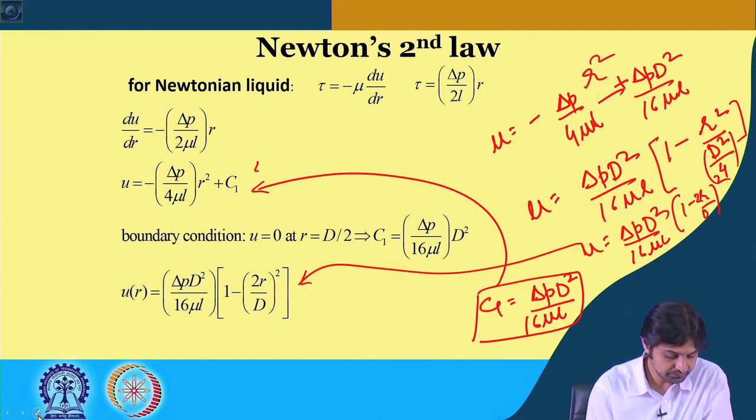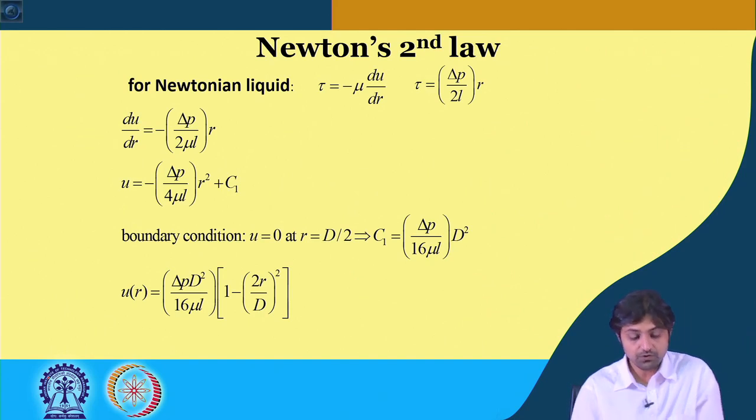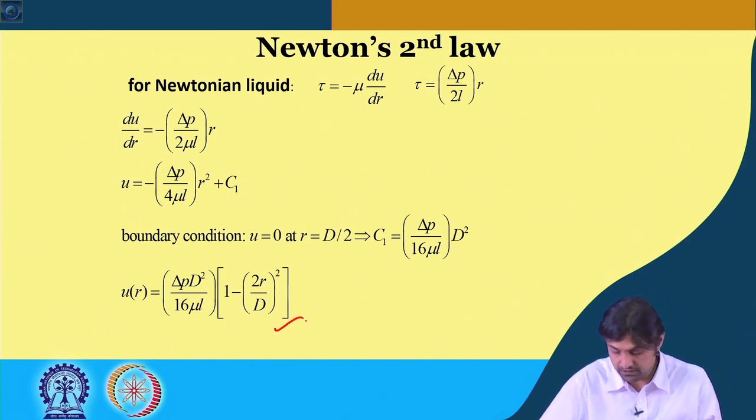All right. So this is what we get. So we have got u r as a function of radial distance r.